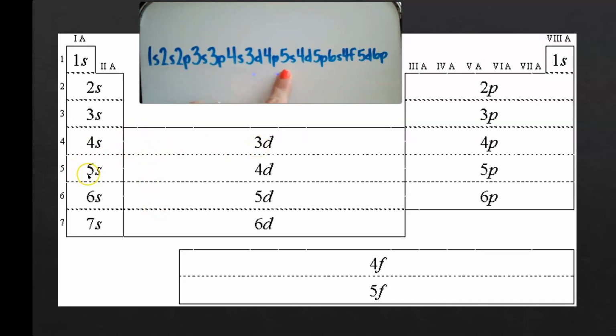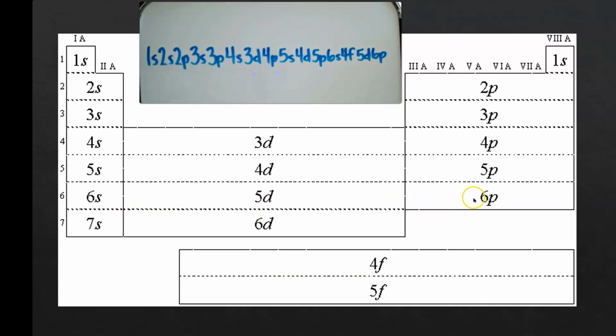So when I have 5s, I'll still step down 1, 4d, and I'll step back up 5p. In the 6th period down here, we get even slightly more complicated. 6s fills first, followed by 4f. 4f is down here. Remember that connects in here in the 6th period. 4f, followed by 5d, and finally 6p.